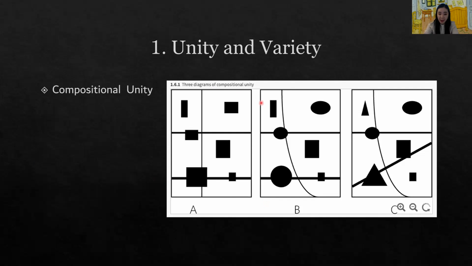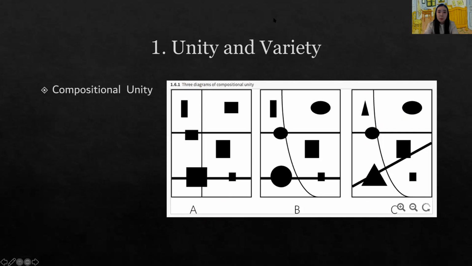Although A is unified, it lacks the visual interest of B. And while C is a unified work, its visual variety feels incoherent and chaotic. So A is too dull. It looks very organized, but it looks dull at the same time.